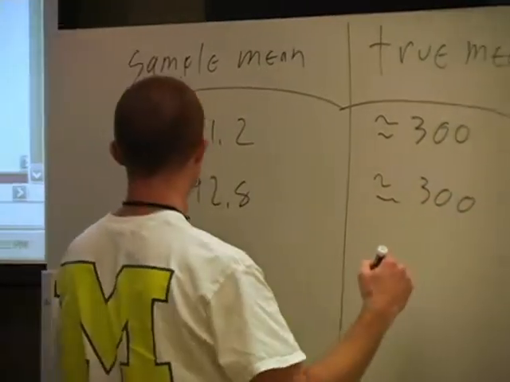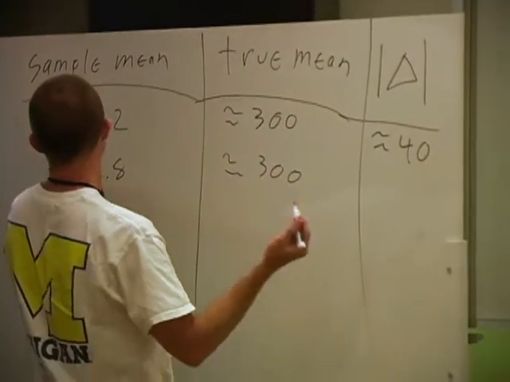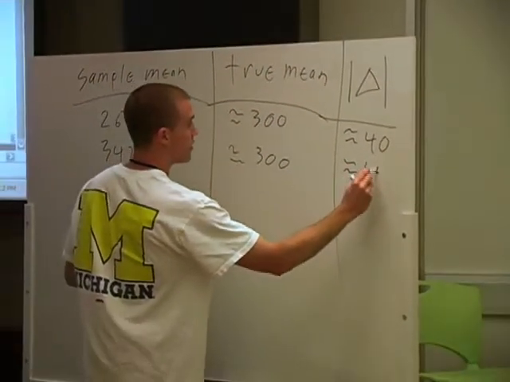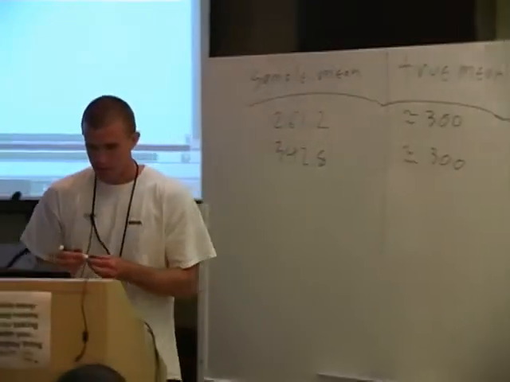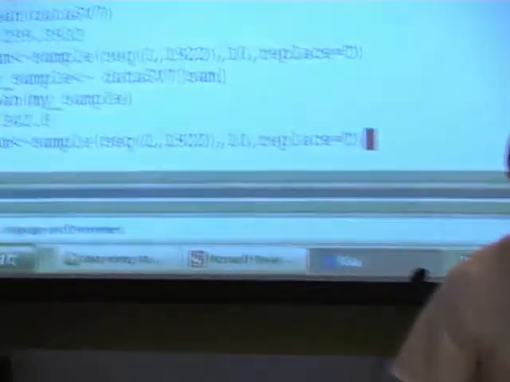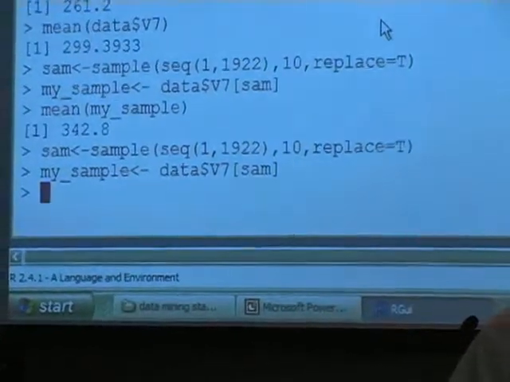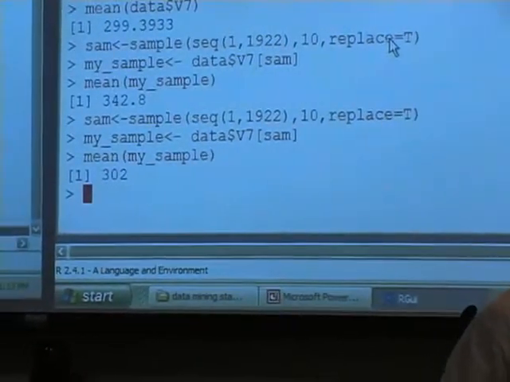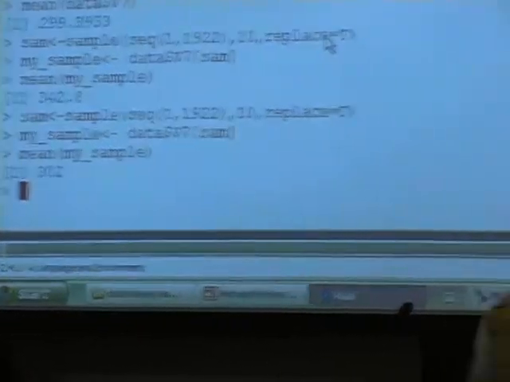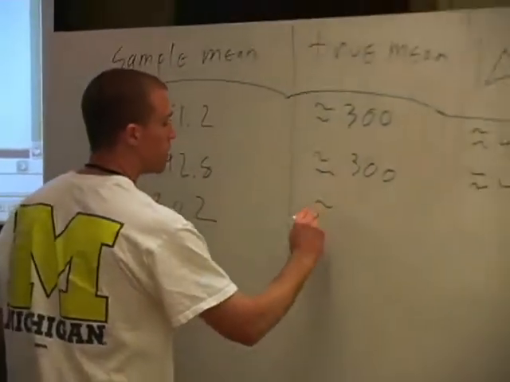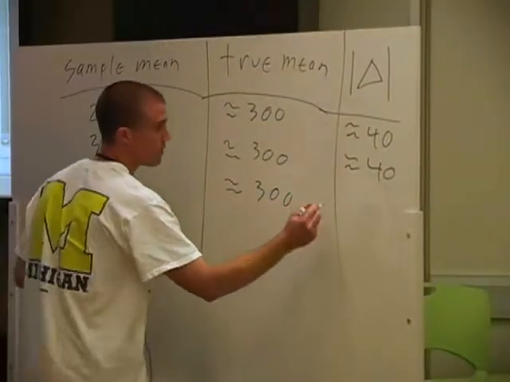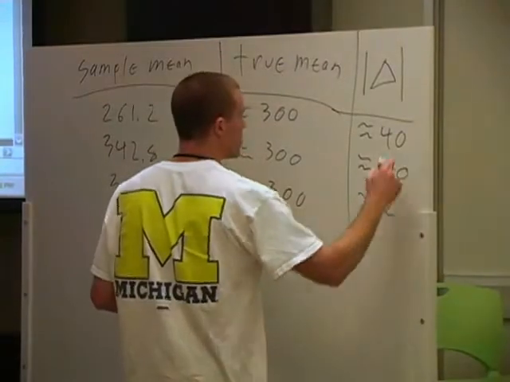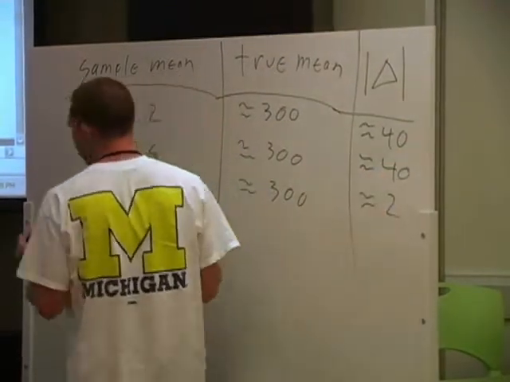That doesn't change. So now I'm off by about 40 in the other direction. Sort of cute. Let me do it one more time. Take a sample and figure out the mean of it. And this time I got 302. So I'm really close this time, right? The true mean is approximately 300, so this time my delta is about 2. So off by 40, off by 40, off by 2.